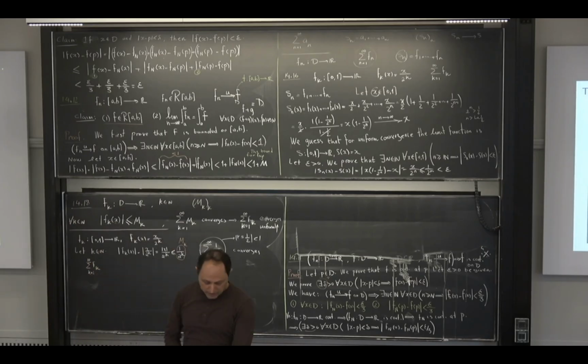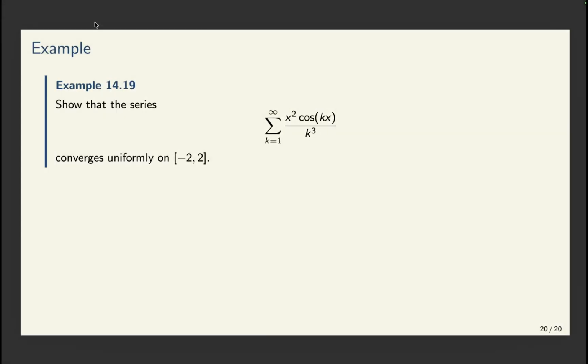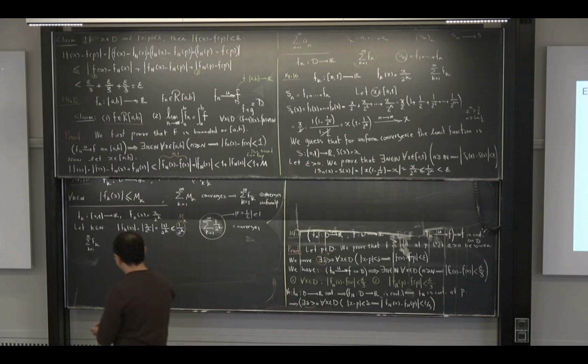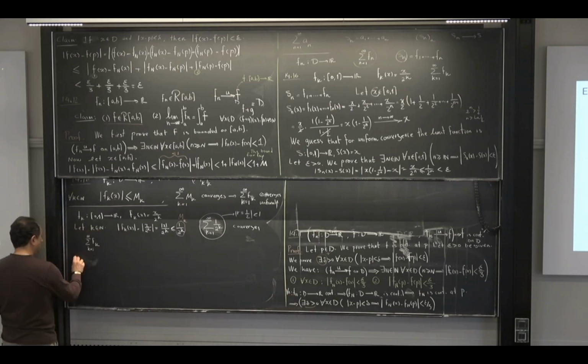Okay, so for example, let me give you a little bit non-trivial example. So show that the series converges uniformly on this closed interval. Do you see why this works? And now it is very simple by using this theorem. So 1419.